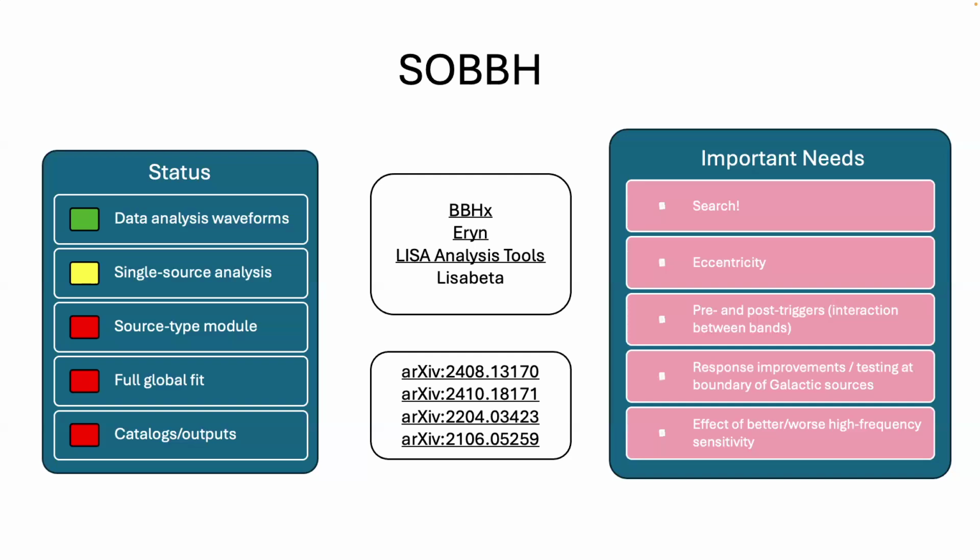Can you check things? Can you do things? Whenever we start to use that, we're going to need to make sure that these types of sources, what we do for the SOBBHs, will work, and understand what we will gain and lose as that frequency goes up and down, because it's very sensitive right in that area where those stellar origin black holes are observable.